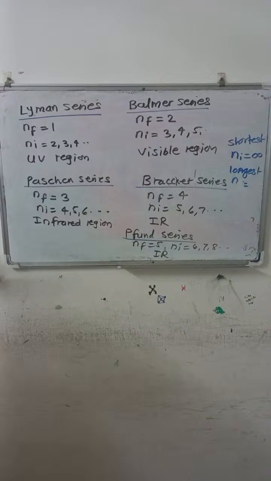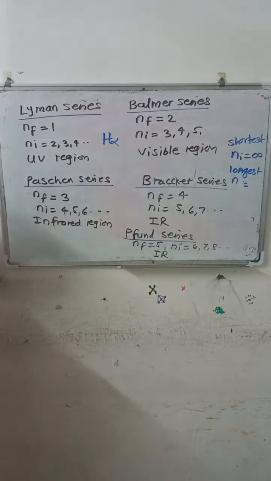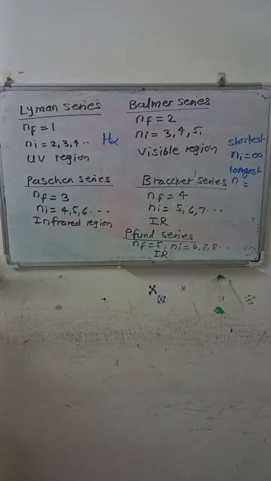Write down when is the H alpha line in the emission spectrum of a hydrogen atom obtained?